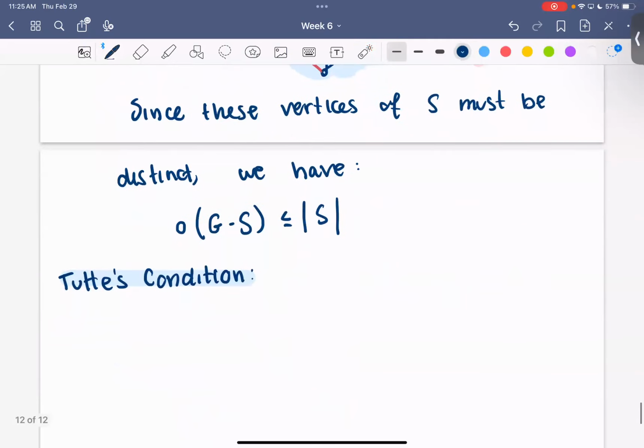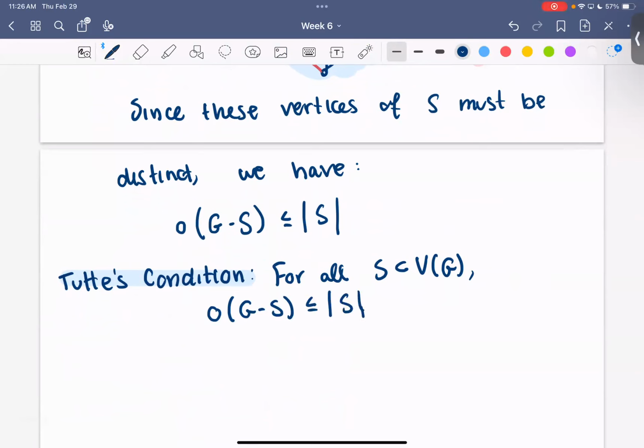So I'll write down Tutte's condition. It says for all subsets S of the vertices, we have to satisfy O(G minus S) is less than or equal to the size of S. Okay, so here's what the theorem says.